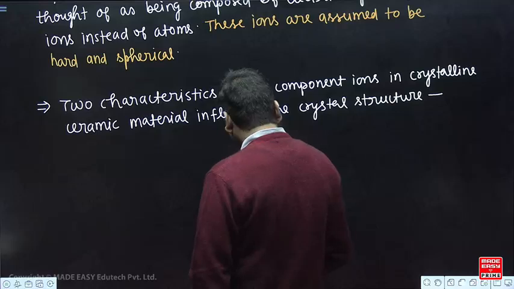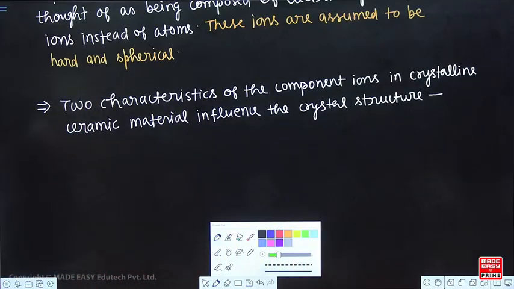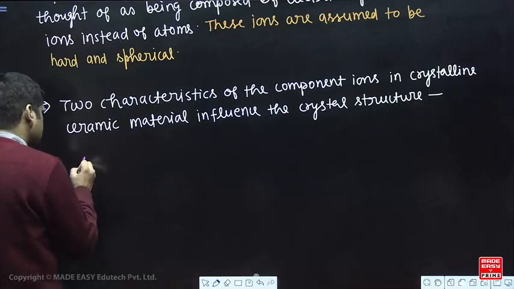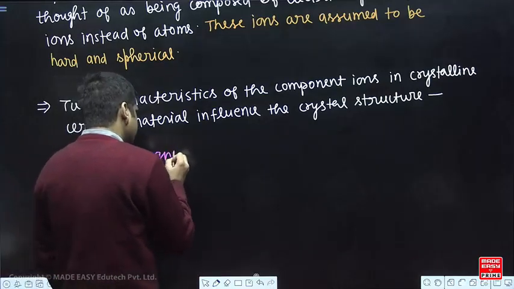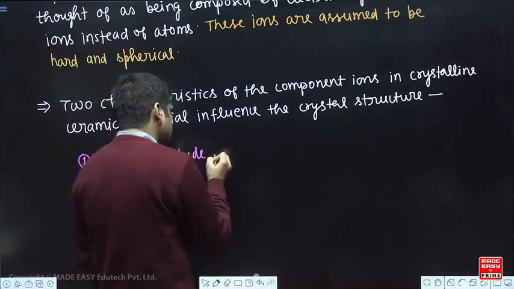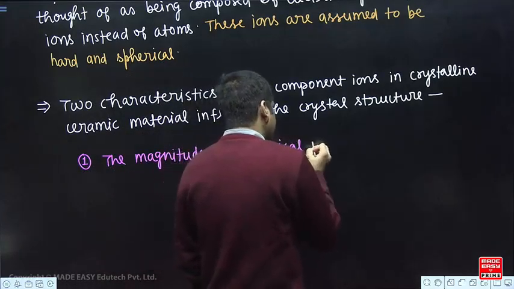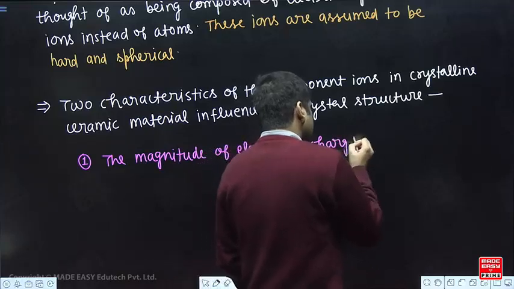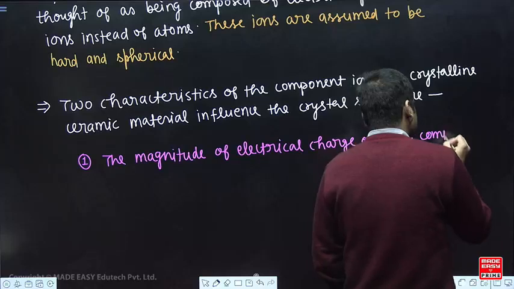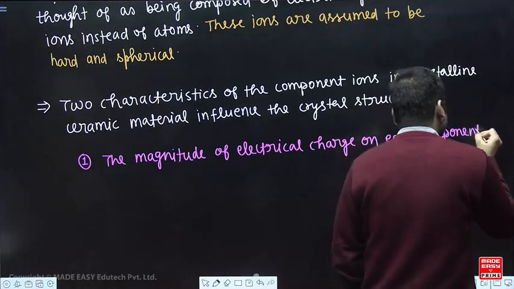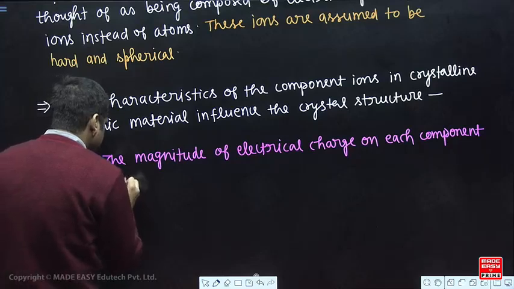First, the first characteristic, the magnitude of electrical charge on each component ion.